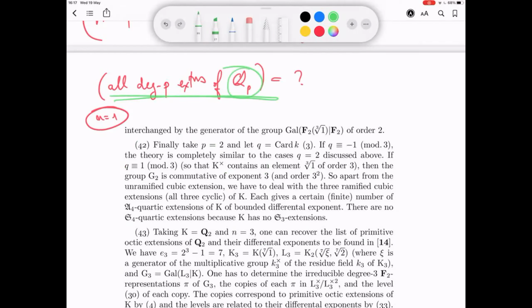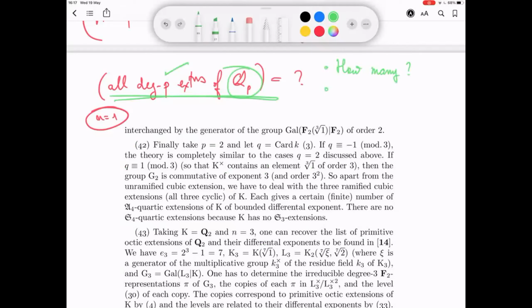And then not only should you be able to write them all down, I mean, of course, you should be able to answer how many, but that's a much weaker question than what are they? I mean, what are all the degree P extensions of QP?